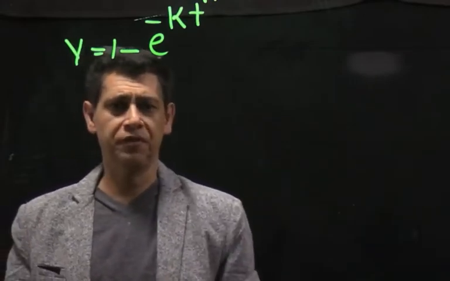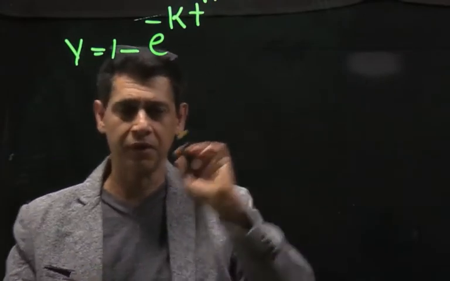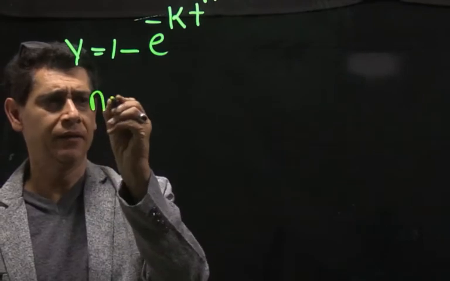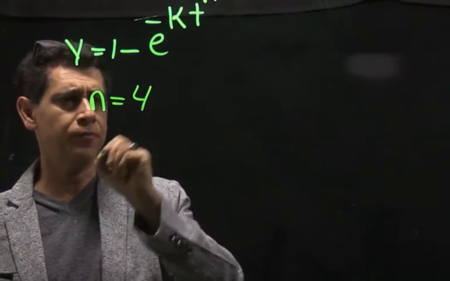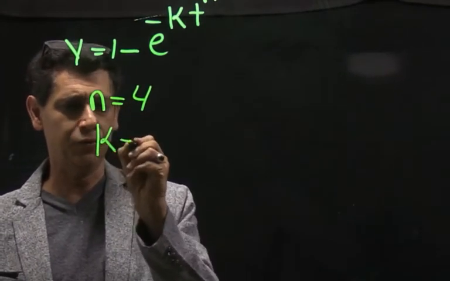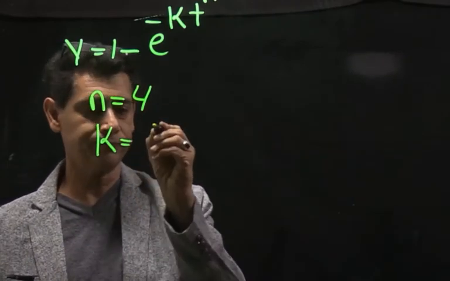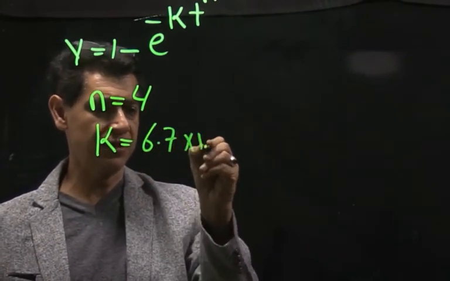So let's start with an example here. Assuming my n is equal to 4 and the k value is equal to 6.7 10 to the minus 5.